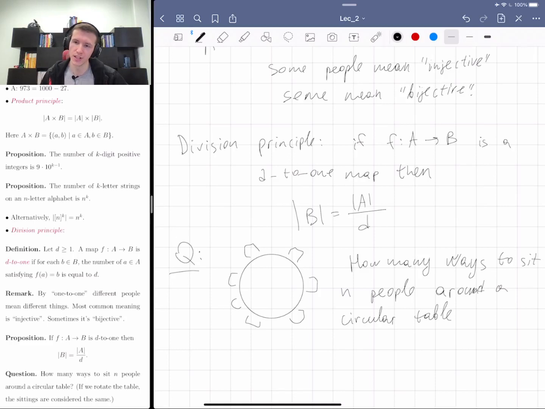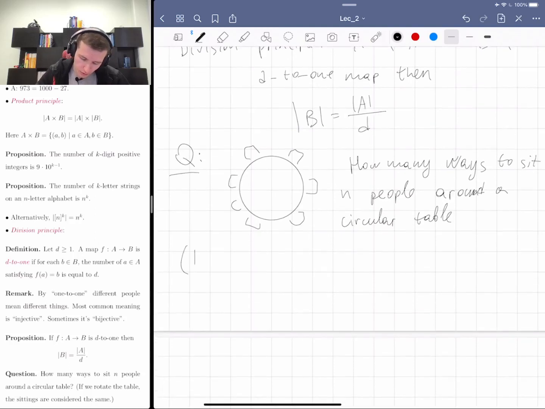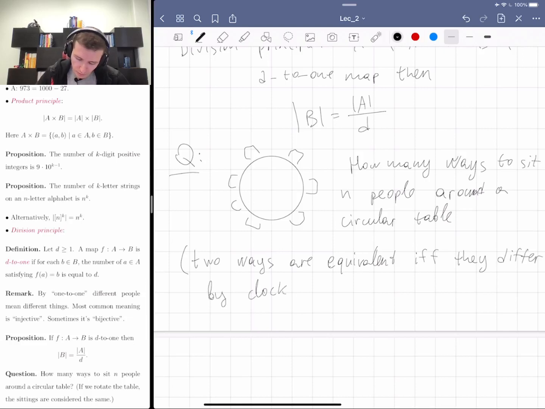And I guess I have to say when I consider two sittings equivalent: two sittings are equivalent, so they count for 1, if and only if they differ by clockwise rotation.